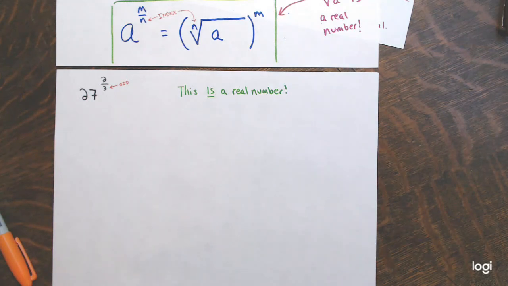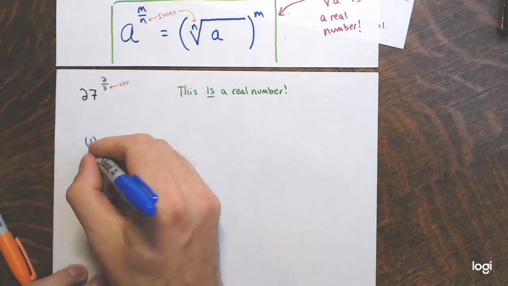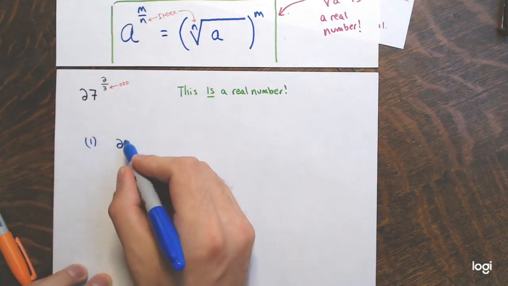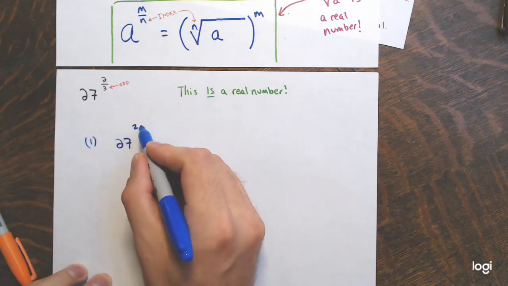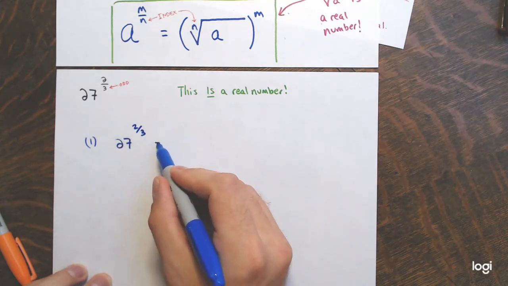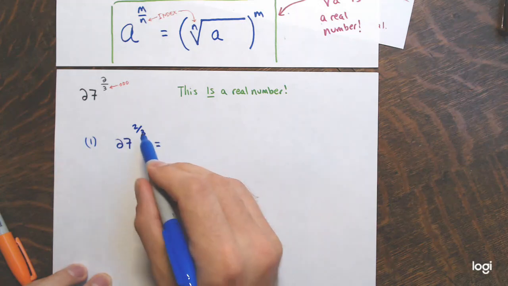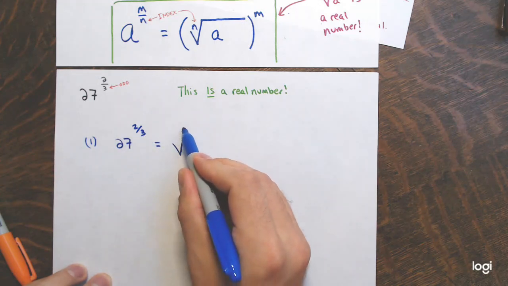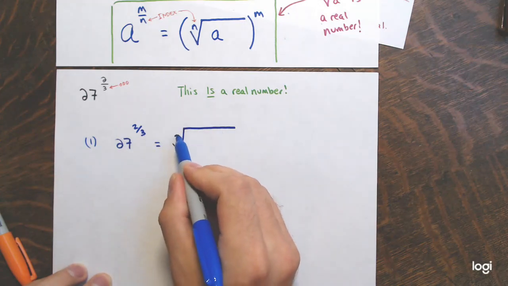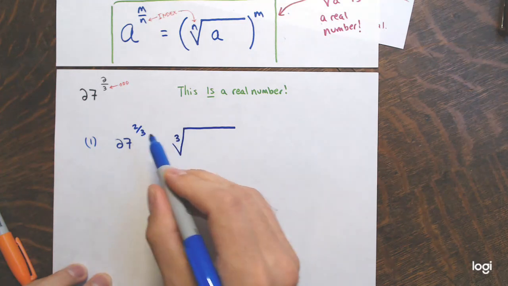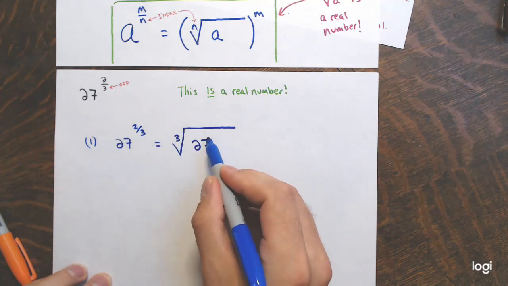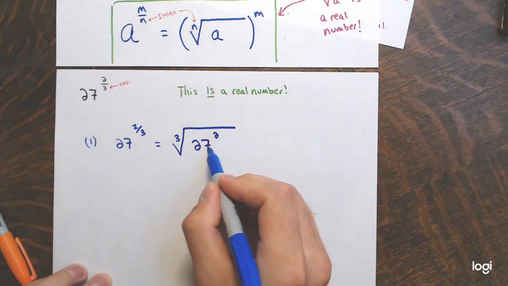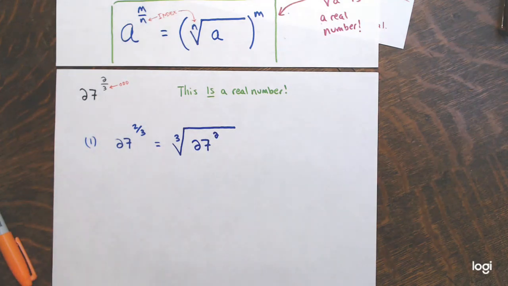Great. All right, so the first way to look at it, I'll do that first one again, where when I see 27 to the 2/3 power, you can take the cube root. Remember that denominator is the index of the radical of 27 squared, 27 to the numerator power on the inside. Now 27 squared is again going to be some pretty reasonably large number.